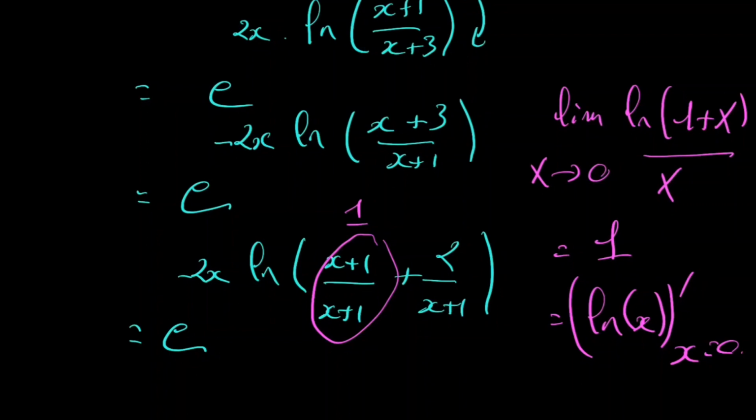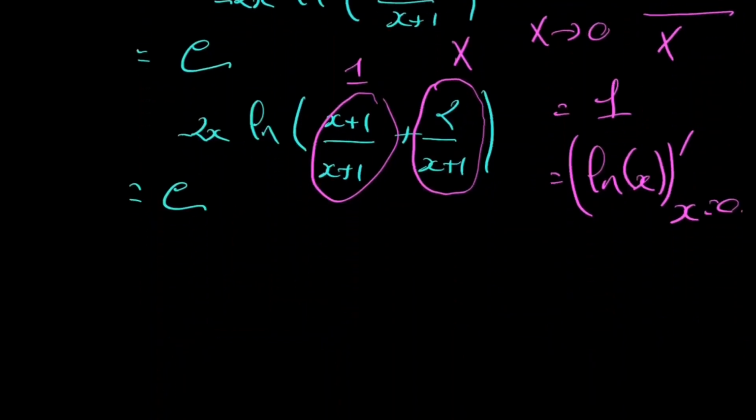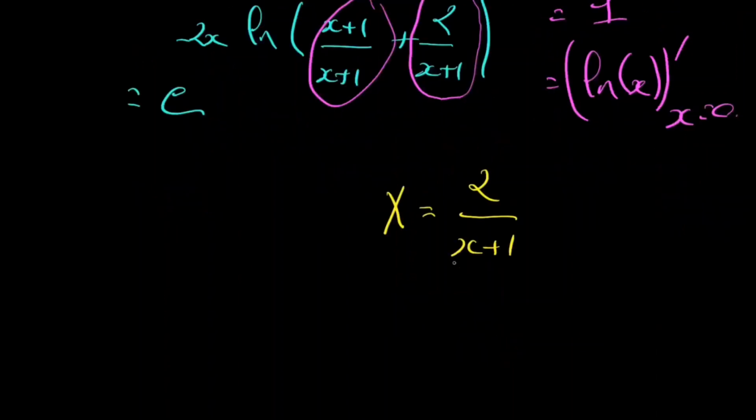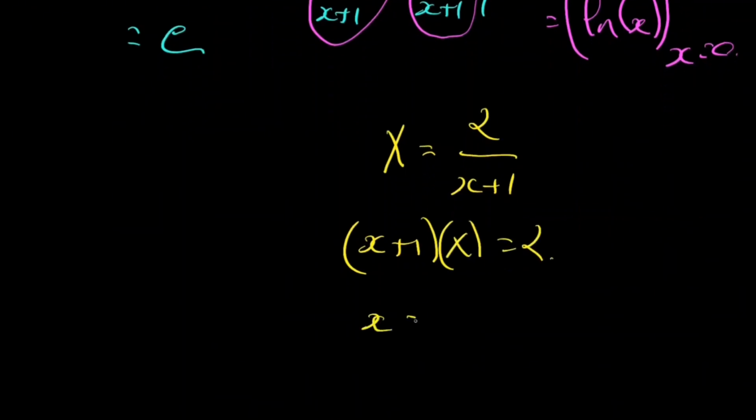So this will be our capital X. Let's say we want capital X to be equal to 2 over x plus 1. So we are going to solve for x. We get x plus 1 times capital X is equal to 2, so x is equal to 2 over capital X minus 1.